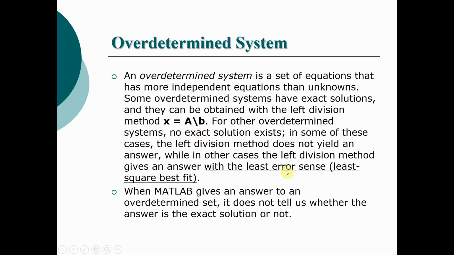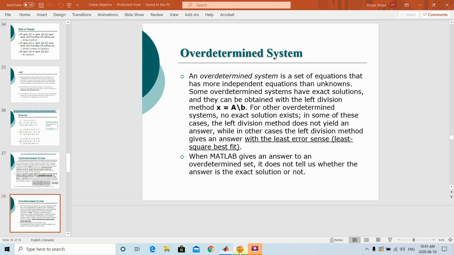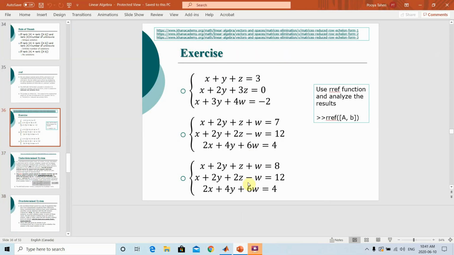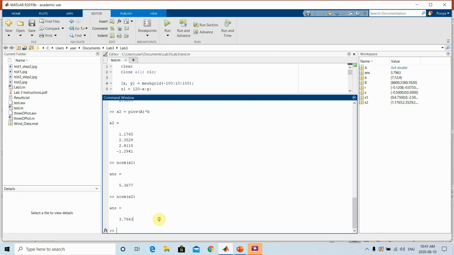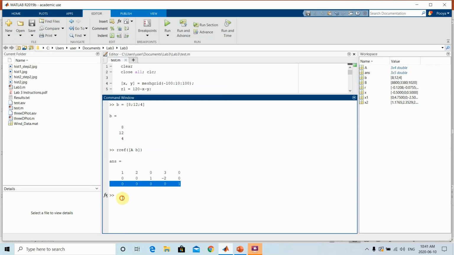So let's look at this other example that we had. If I replace b with 8, 12, and 4, in the rref you saw that this system has no solution. We can see it from this row.